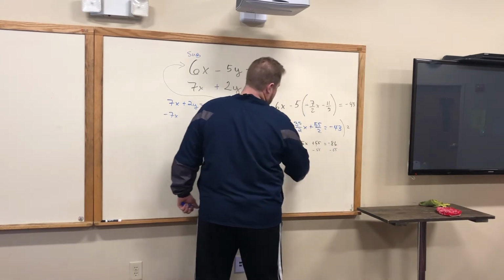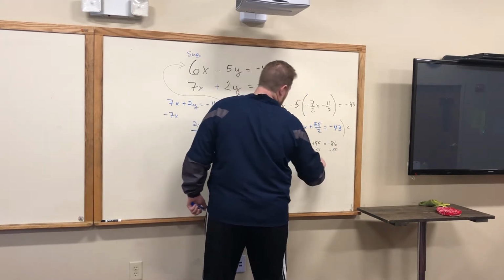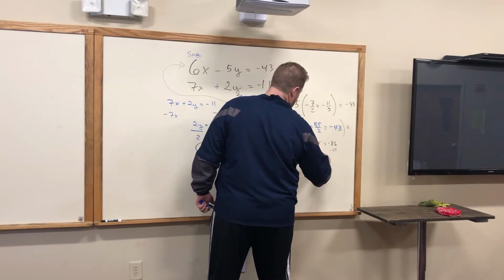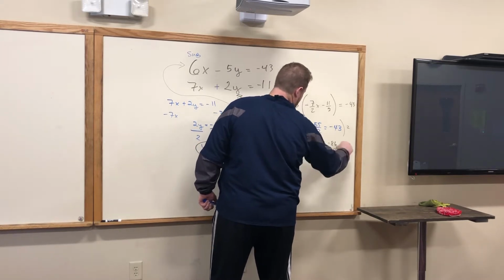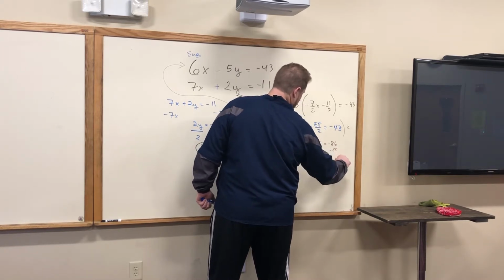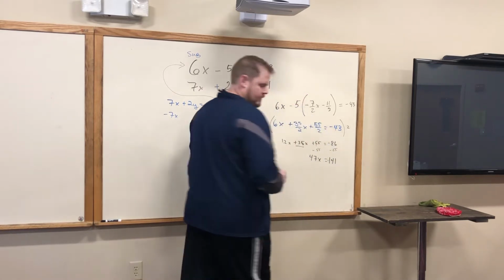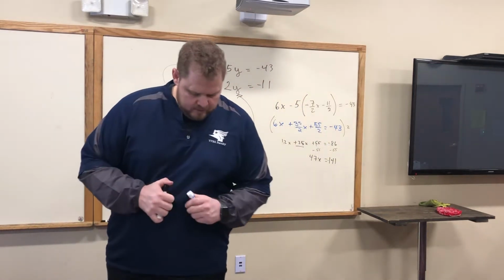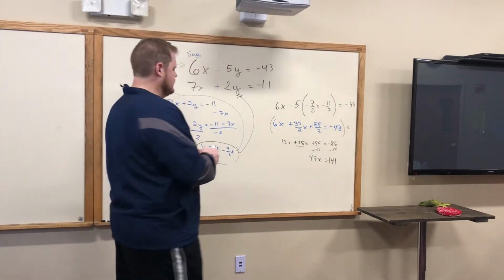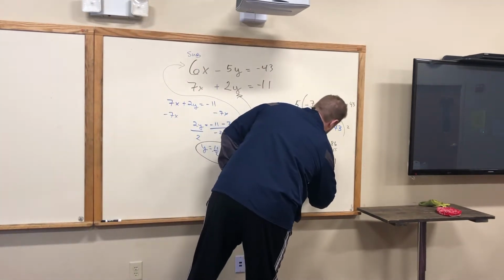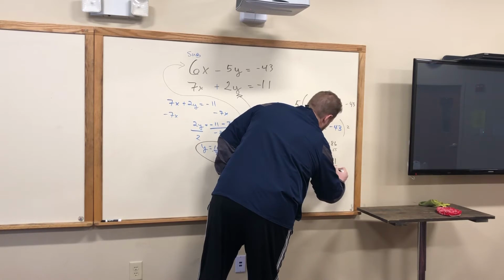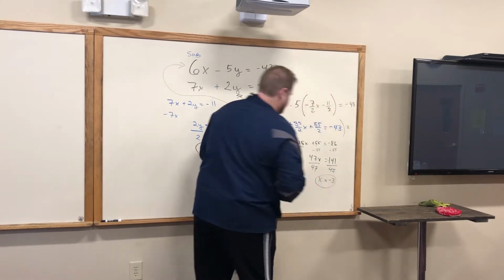and I combine these two. So 35 plus 12 is 47x equals negative 141. What do I do? Divide by 47. x is going to be equal to negative 3.